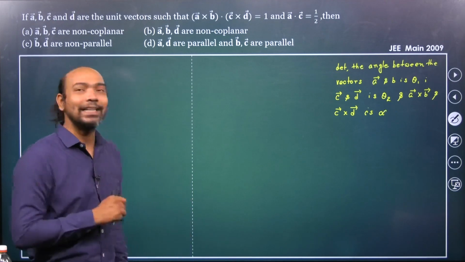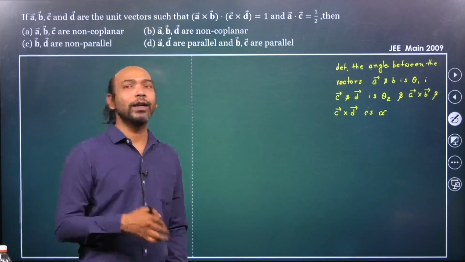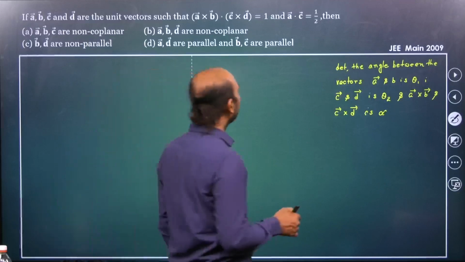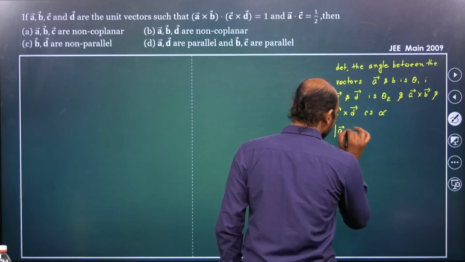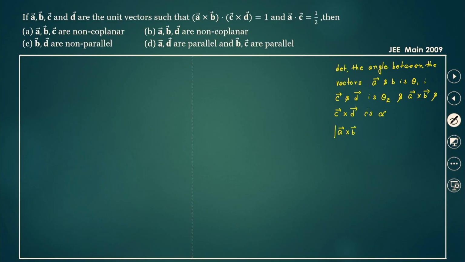Now whenever the angle is known, we are able to find A cross B and C cross D. So mod of A cross B is equal to mod of A, mod of B, and sine of the angle between them, that is theta 1.